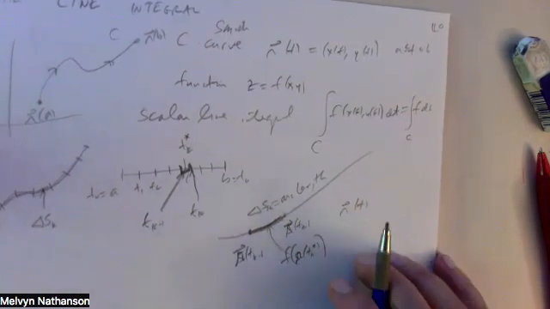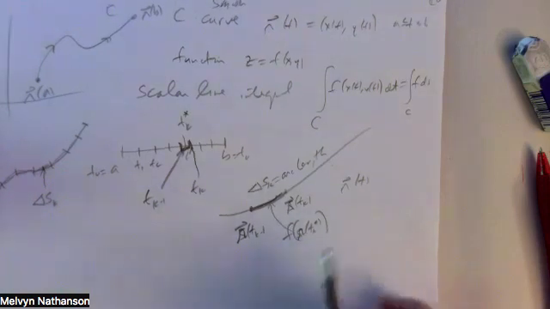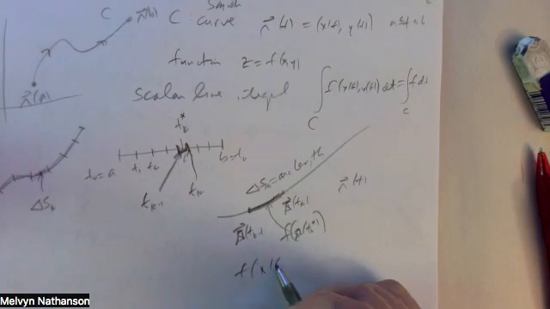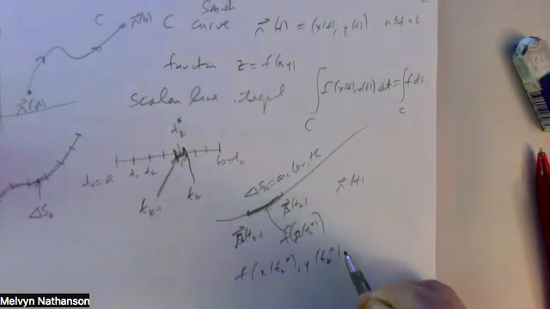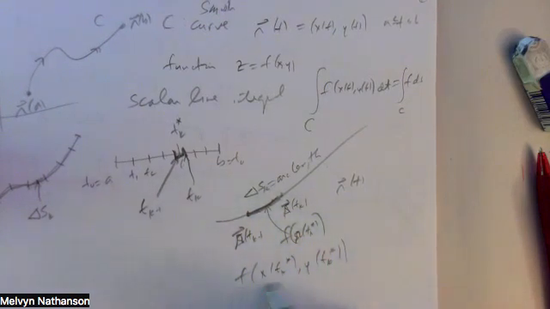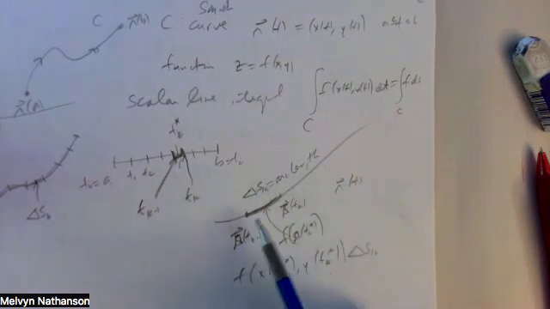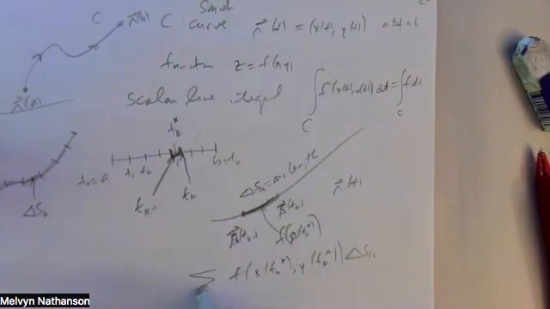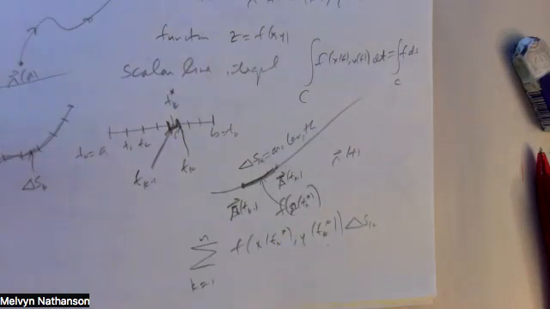We use s for arc length. So this is f evaluated at x of t sub k star, y of t sub k star. This number times the length delta s sub k is something like the line integral from this point to this point. And we sum this up over all the values of k from 1 to n.